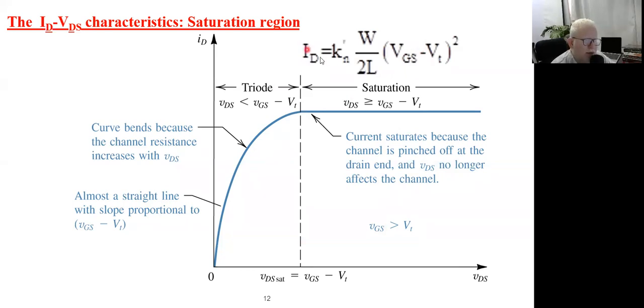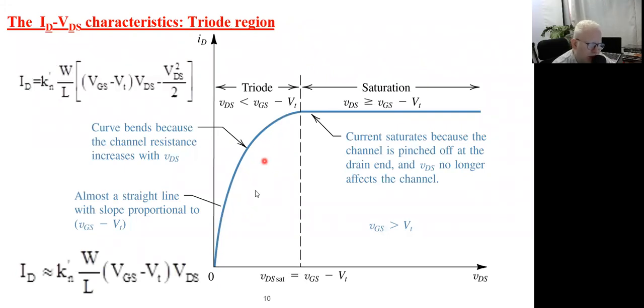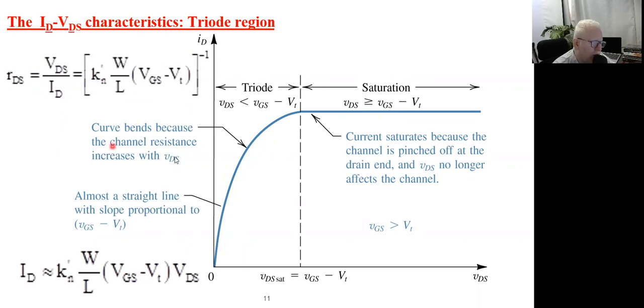Okay, so this is the equation representing the current flowing in the saturation region for a MOSFET. Now, can we model this? We said that the triode region is represented in the form of a resistance, if you remember. So you can represent the MOSFET in the triode region as a resistance, where the resistance value is Kn dash W over L, VGS minus V threshold, all to the power minus 1.